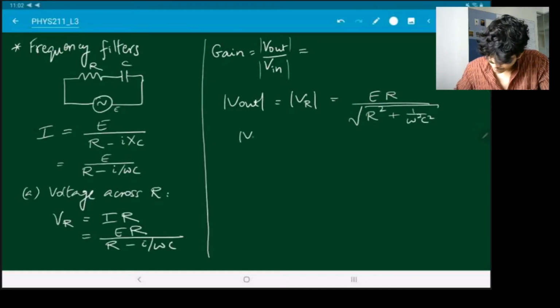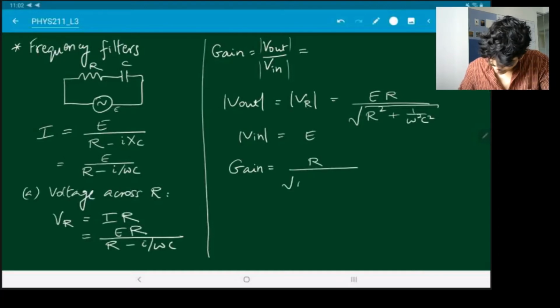And V in, of course, is just E. So the gain is given by R over square root of R square plus 1 over omega square C square.